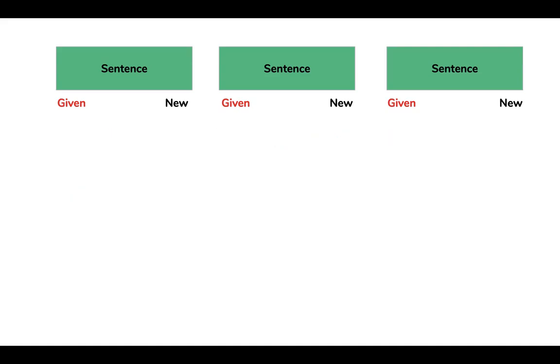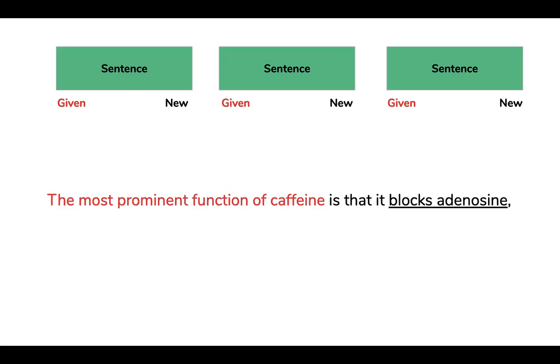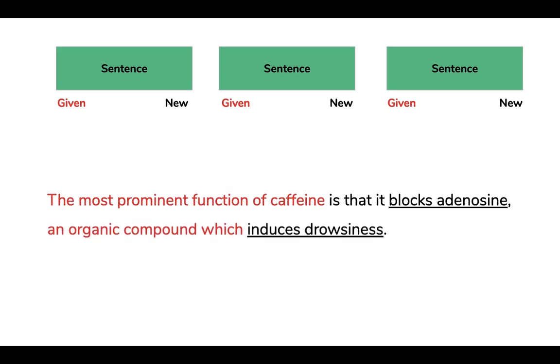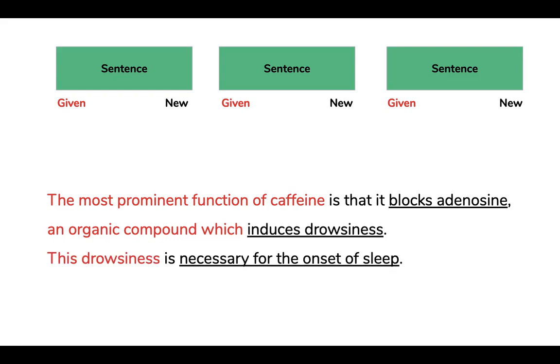For example, the most prominent function of caffeine is that it blocks adenosine, an organic compound which induces drowsiness. This drowsiness is necessary for the onset of sleep. In this case, in the first line, the blocking of adenosine then becomes the given information in the next sentence. That is, adenosine is an organic compound.